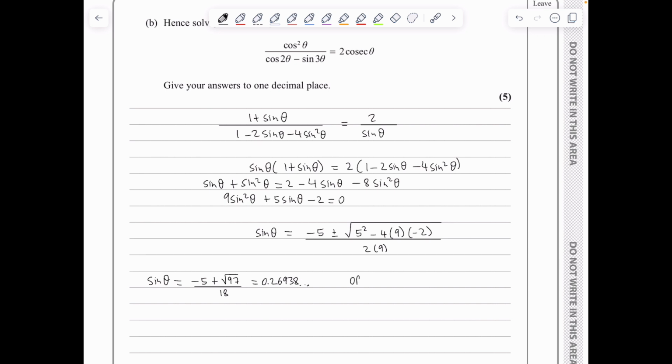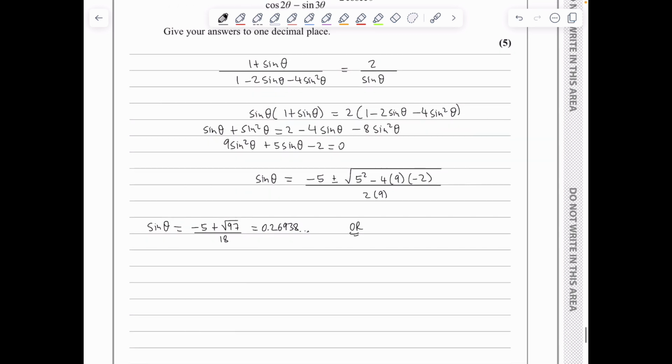0.26938..., or a second solution for sine theta, which is negative 5 minus root 97 over 18, which is equal to negative 0.8249... I will be finding the corresponding principal values.